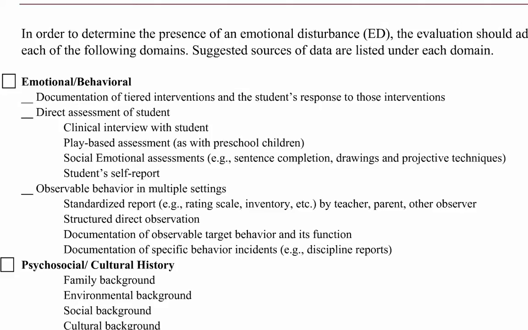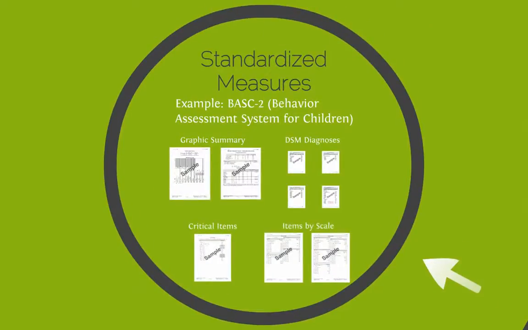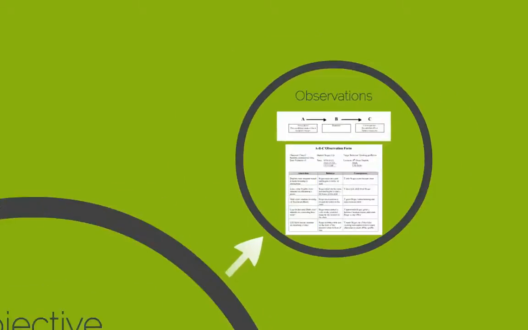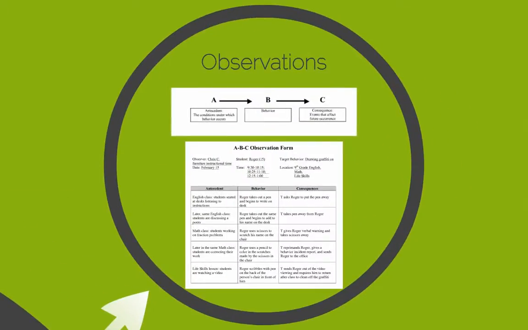So let's take a look at some examples of what some of those might be. We're going to look at standardized measures, and in this case it will be the BASC, the Behavior Assessment System for Children, version 2, and some direct observation.